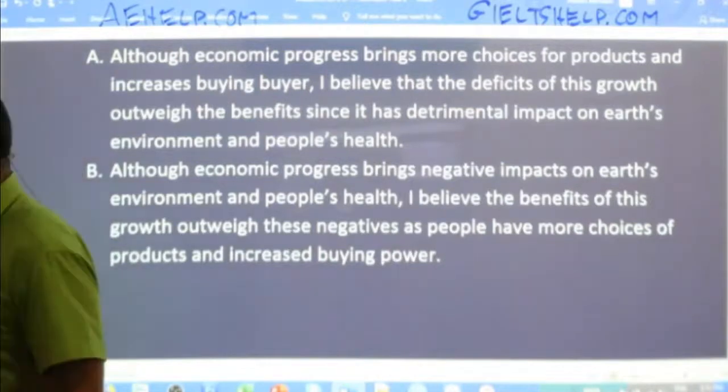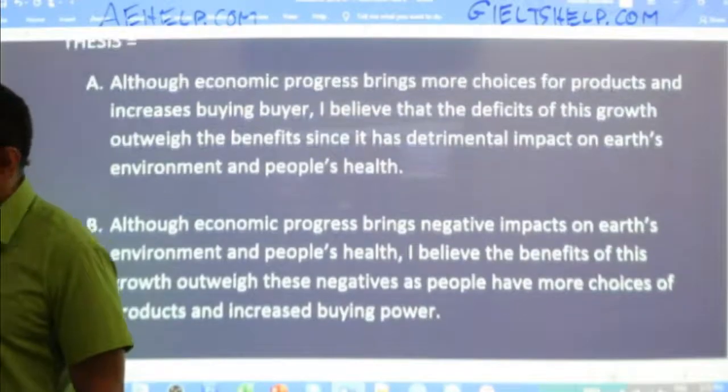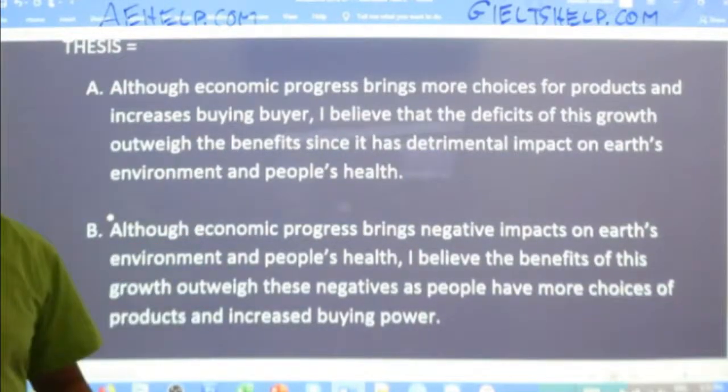Okay, so that's the inverse. It's the opposite thesis. Okay, so there's thesis A, there's thesis B.